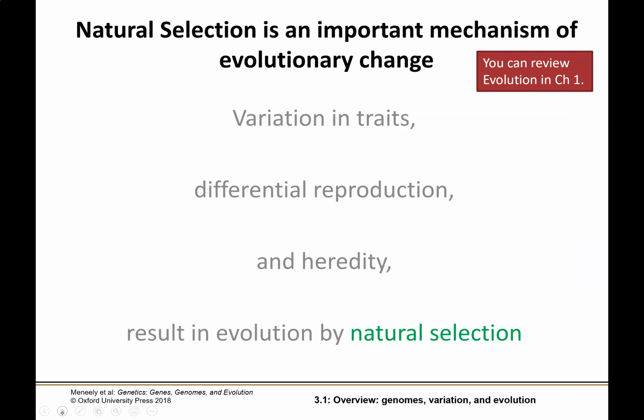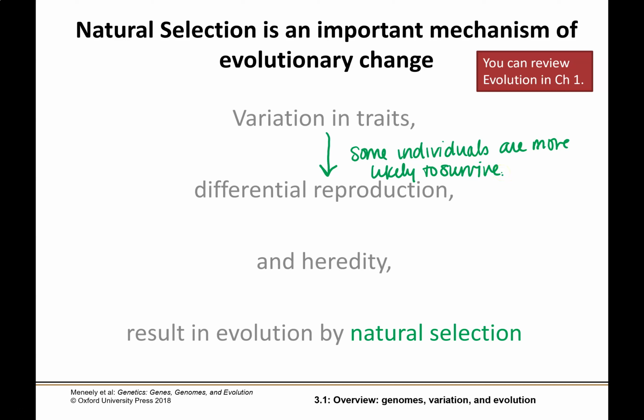All right, so natural selection is an important mechanism of evolutionary change. When there is variation in traits, you get differential reproduction. This means that some individuals are more likely to survive because of those traits.